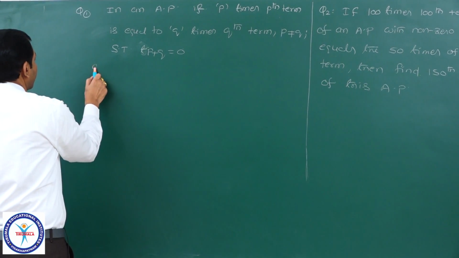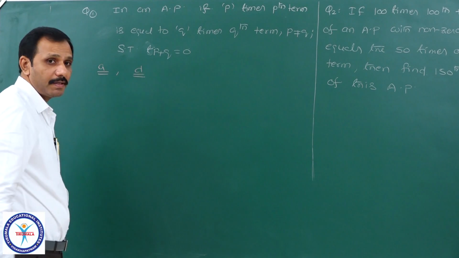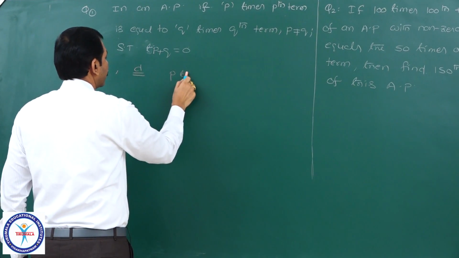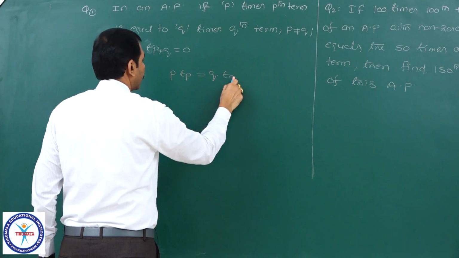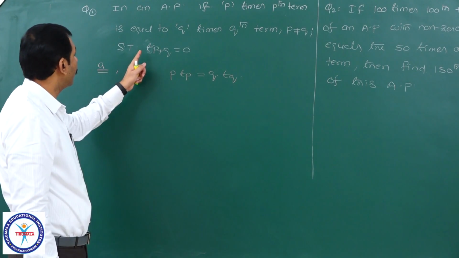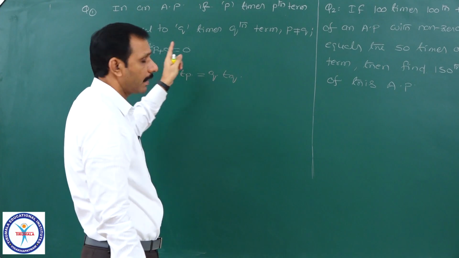Let us take a as the first term and d as the common difference of this AP. What is given here? P times Tp, the pth term, is equal to q times the qth term, meaning Tq. Then we need to establish that the (p plus q)th term is equal to 0.